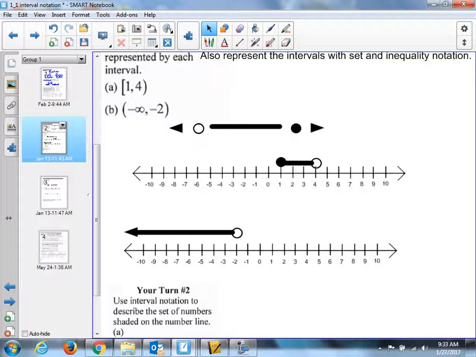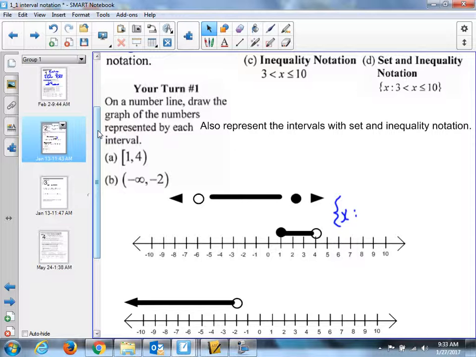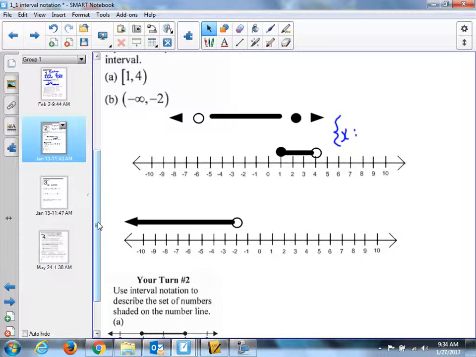Now, set and inequality notation. X such that, how would we do this one with greater than, less than stuff? Now, where am I getting this from? Here, above D. Always go from least to greatest. Starts at 1, goes to 4.